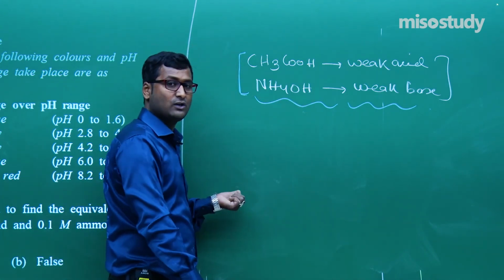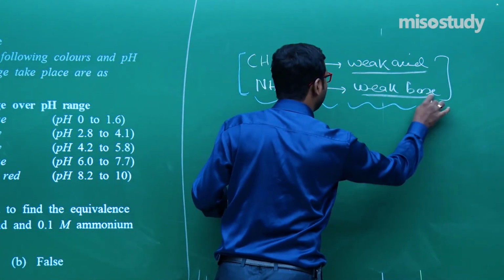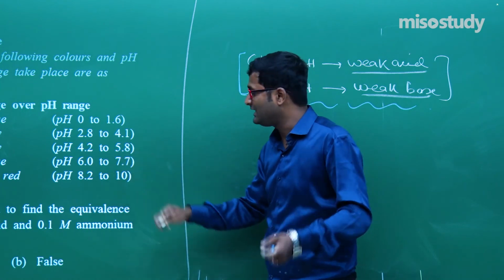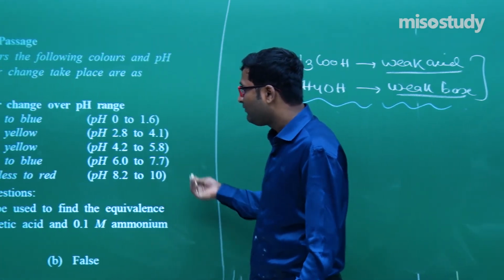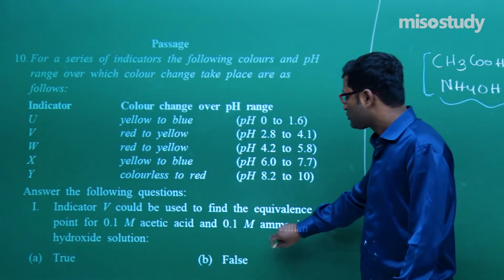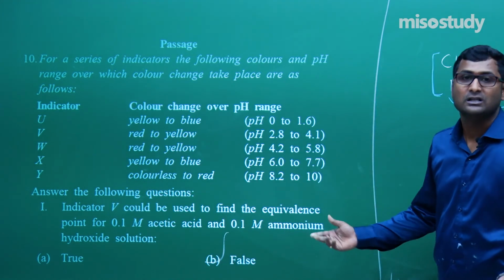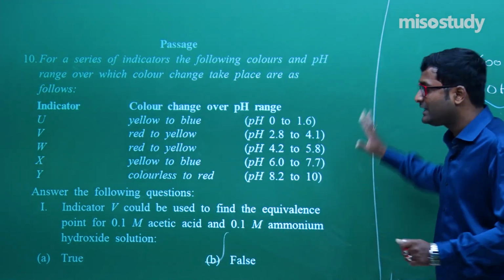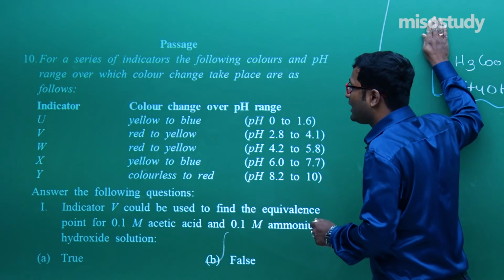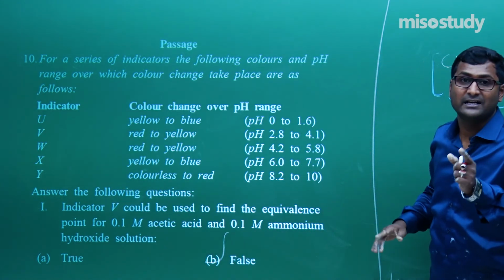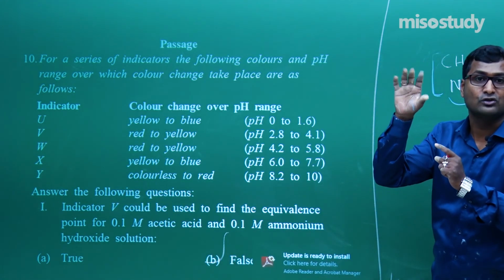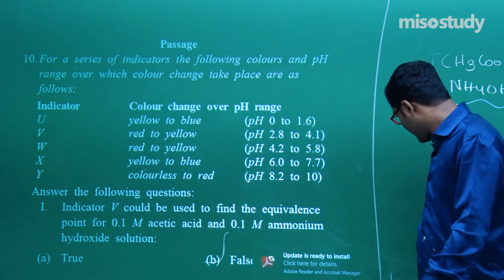But for weak acid and weak base there is no such indicator. So indicator V, no such indicator. So B is a false option. No indicator works in the case of weak acid and weak base. During acid base titration I have given the 4 conclusions. Do you remember? Yes, sir, we do.